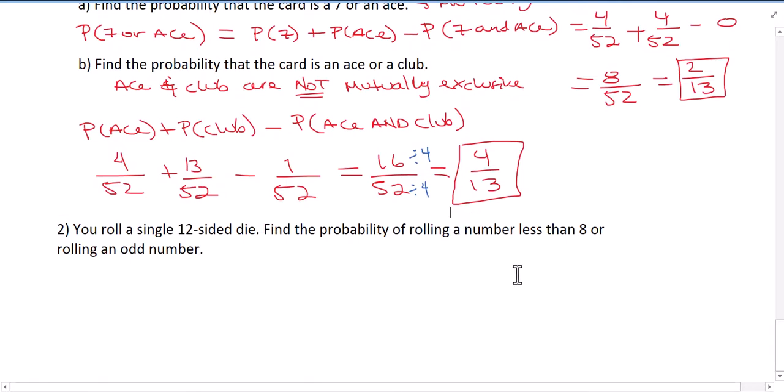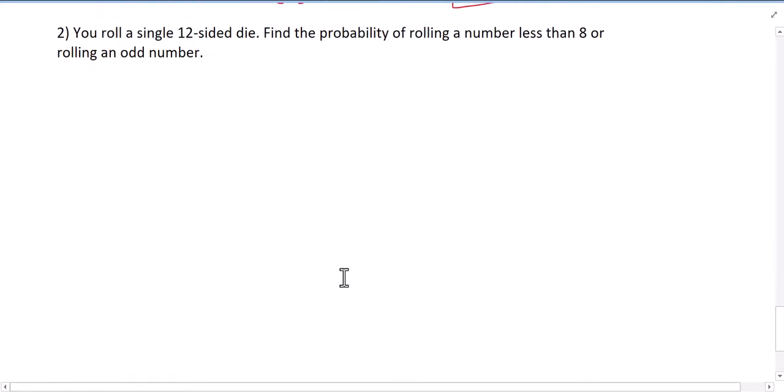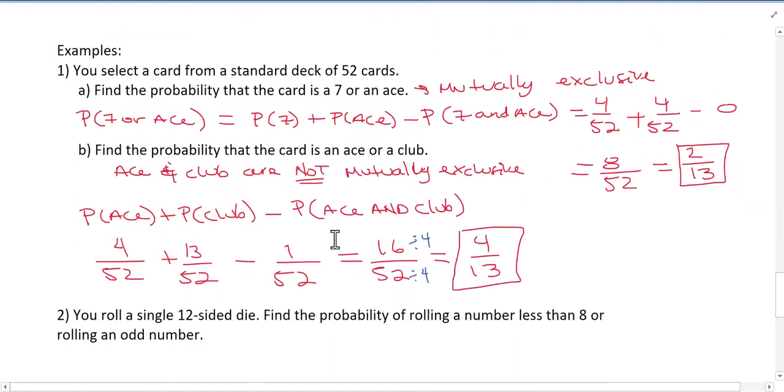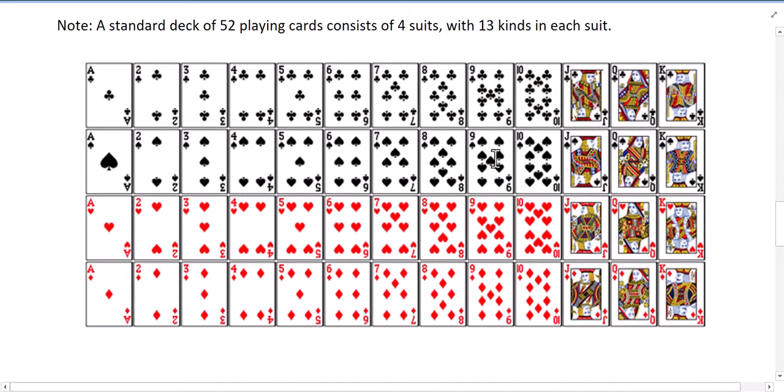Next example, you roll a single 12-sided die. Find the probability of rolling a number less than 8 or rolling an odd number. So for something like this, I want to first of all think of my sample space. And even with the deck of cards, I've inserted this picture in here just because it provides a nice visual of what our sample space contains and you can refer to it.